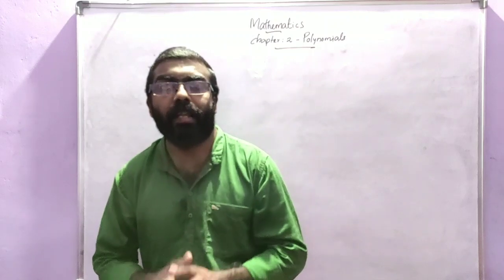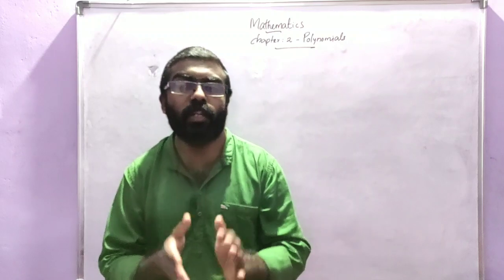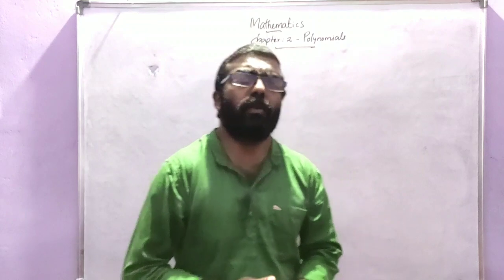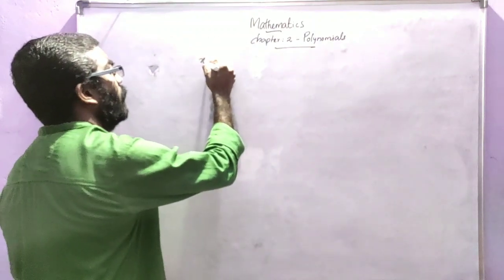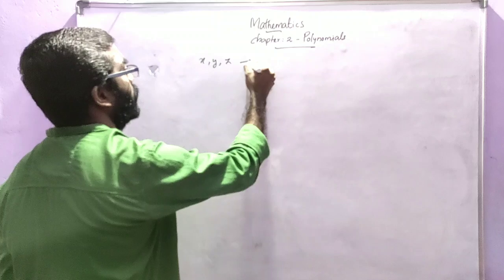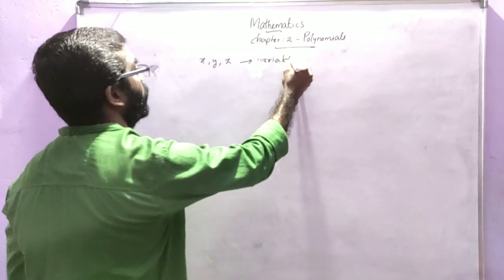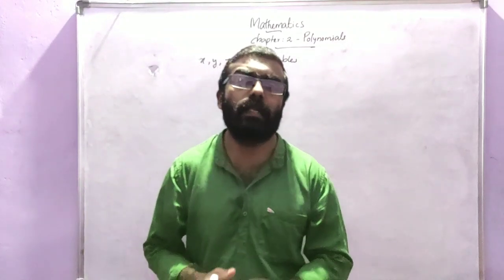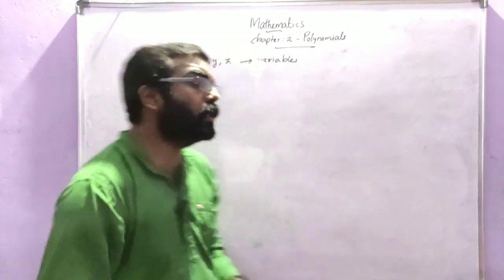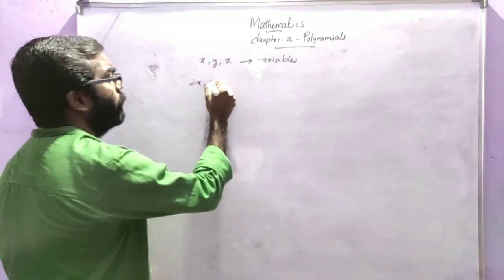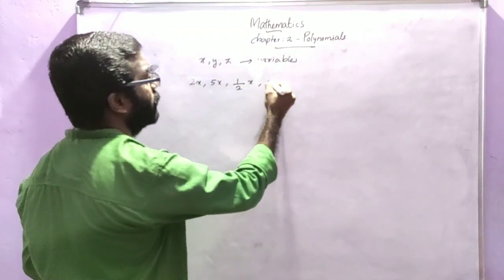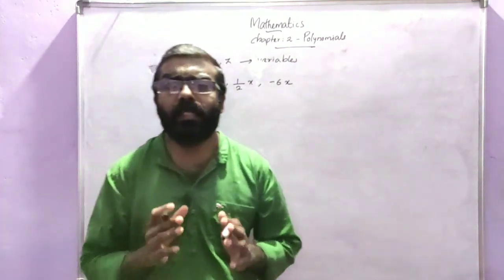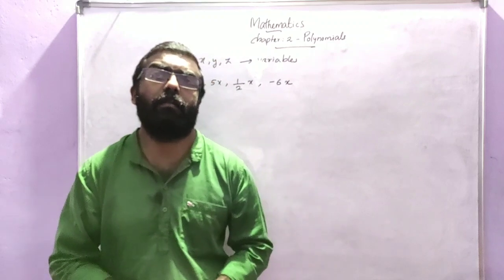Let us begin by recalling that a variable is denoted by a symbol that can take any real value. Normally, we use the letters x, y, z to denote variables. So, variables are denoted by the letters x, y, z, etc. Notice that 2x, 5x, 1 by 2x, minus 6x, all these are algebraic expressions.